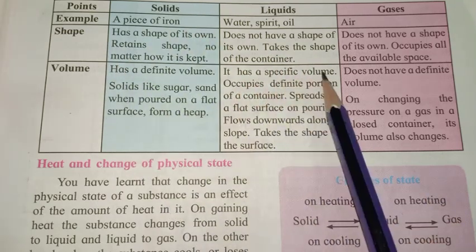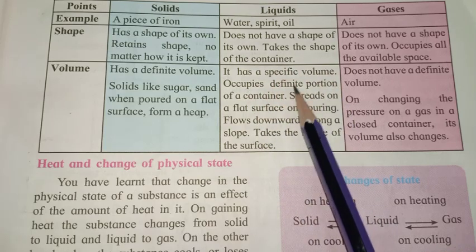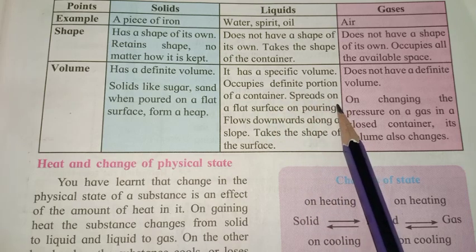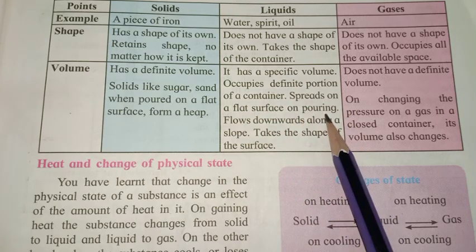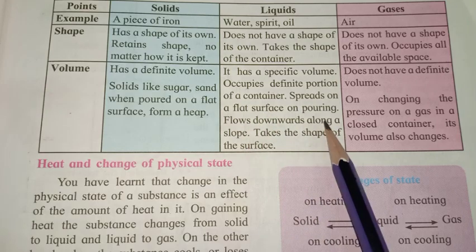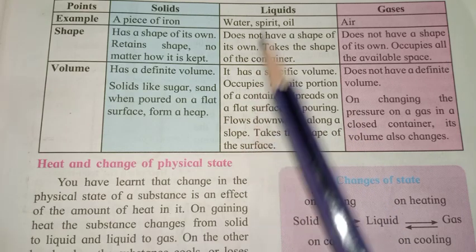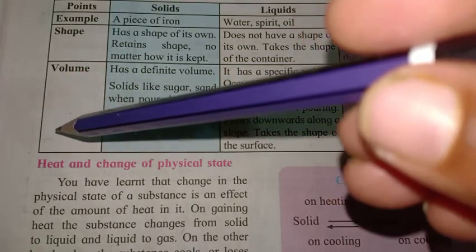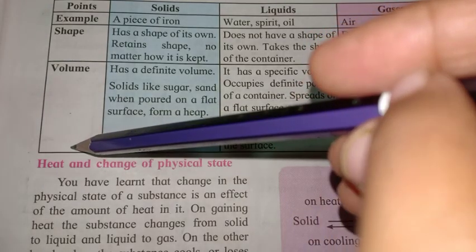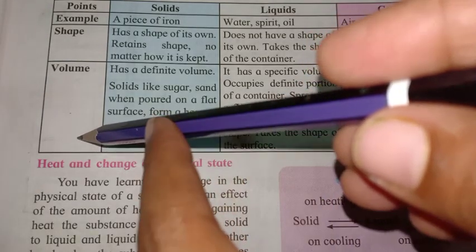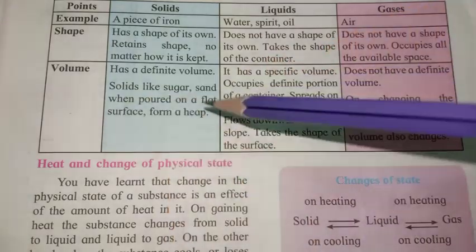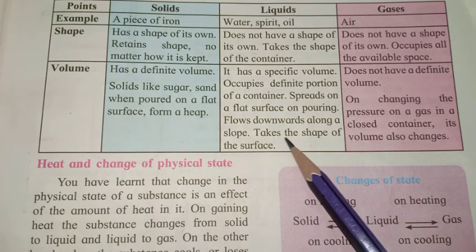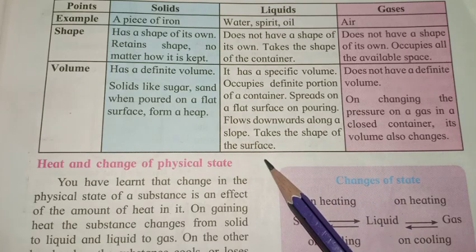It has a specific volume, occupies a definite portion of a container, spreads on a flat surface on pouring, and flows downwards along a slope. Means if I hold this pencil like this as a slope, and pour some water from this end, it will flow downwards along the slope and take the shape of the surface.